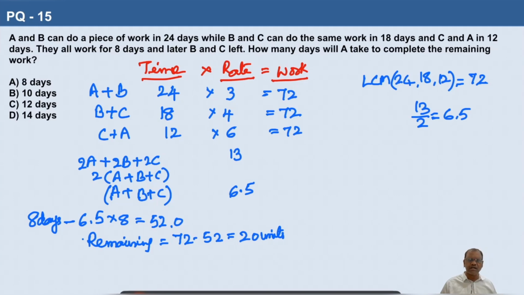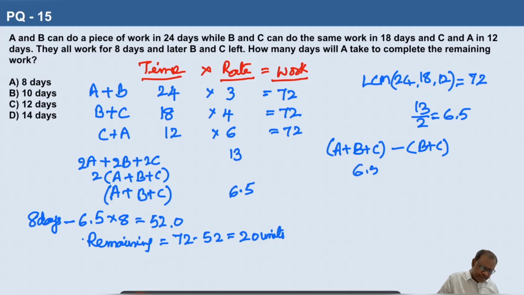But we don't know the capacity of A. We can find the capacity of A if we subtract B plus C from A plus B plus C. A plus B plus C can do 6.5 units in one day.